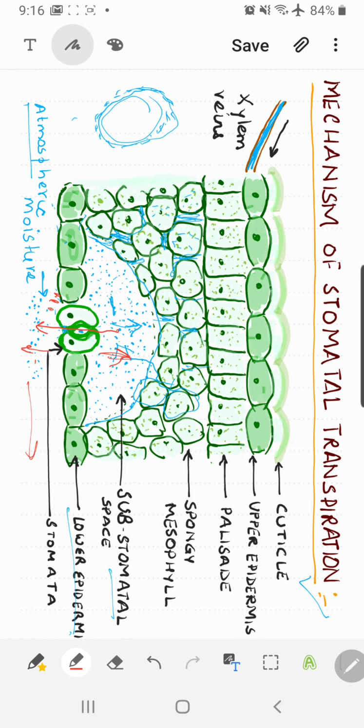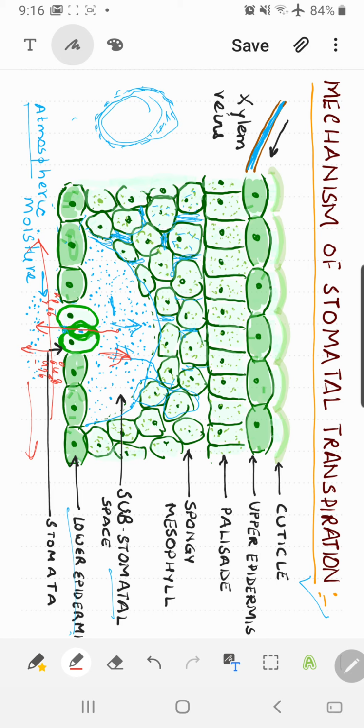They remain somewhere accumulated around the stomata only, and when the wind blows, it takes all the water vapors along with it. That's why when you are standing under a tree or you are moving across a forest and the wind blows, you feel the wind to be very, very cold. Why? Because it is just wiping off all the water vapors which are accumulated at the outer side of the stomata.